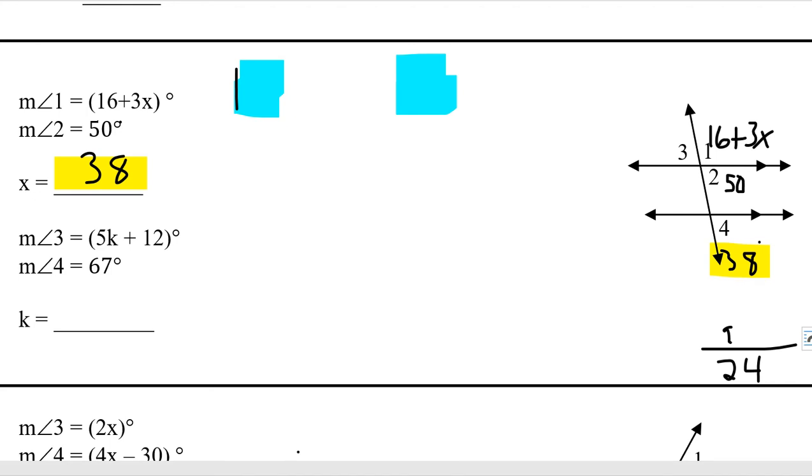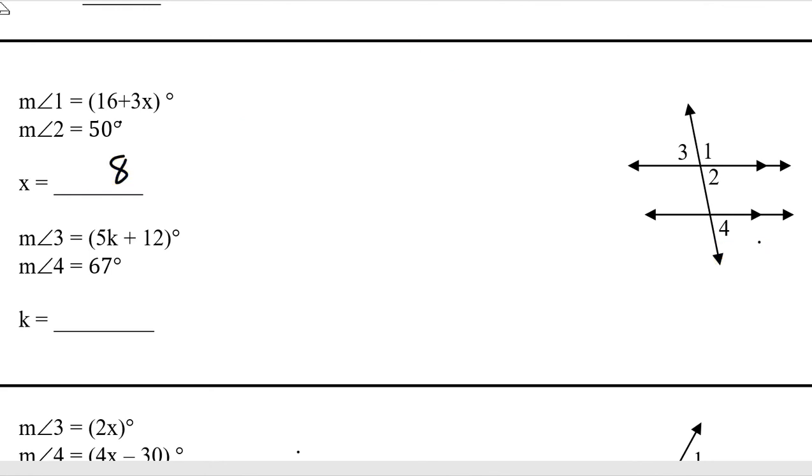So now we see that the measure of angle 3 is 5x plus 12, and the measure of angle 4 is 67. Let's see. Okay, eraser. I'm going to erase everything for that first question, and now I'm just going to look at question number 2.